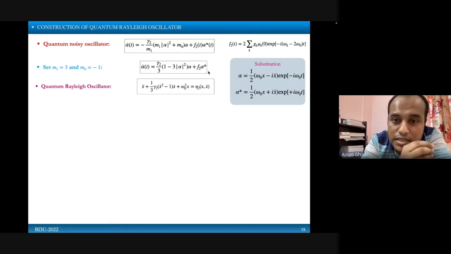So although it looks like a classical equation, this C number Langevin equation is quantum mechanical in content. That's why we call it a quantum Langevin equation. These fluctuations are present even at t equal to 0, which is purely due to vacuum fluctuations. Classically you don't have fluctuations at t equal to 0, but here they are still there due to quantum origin. That's why we call it that.